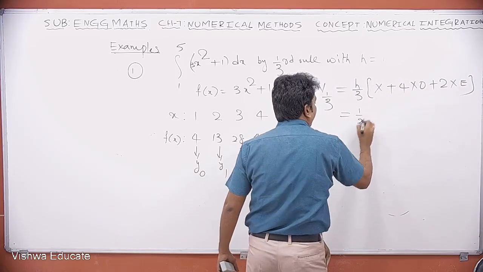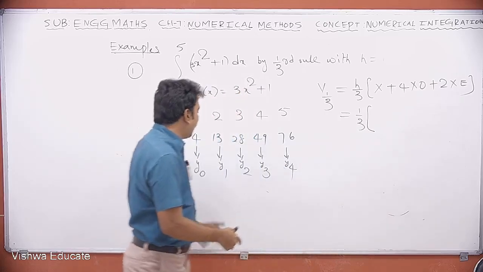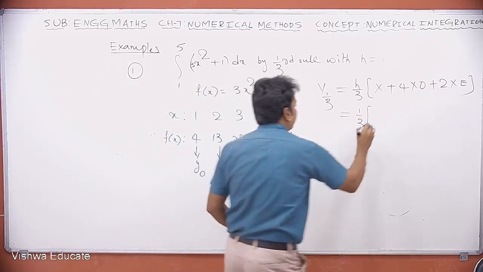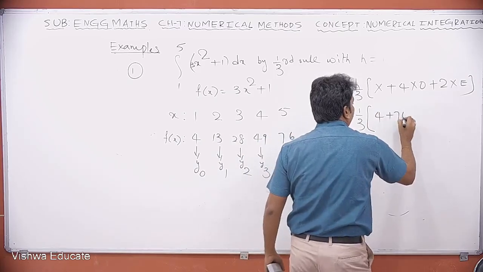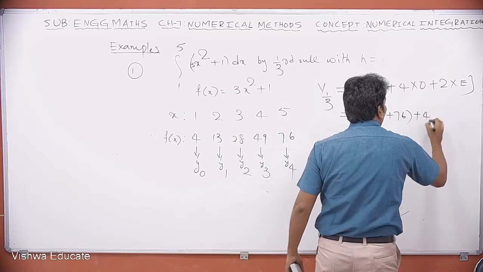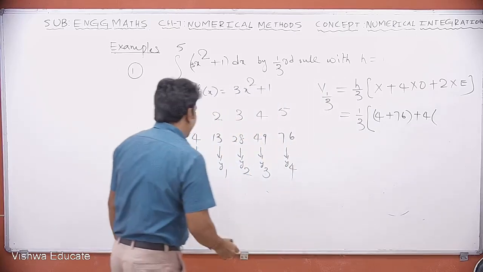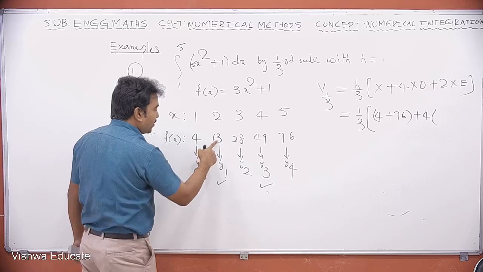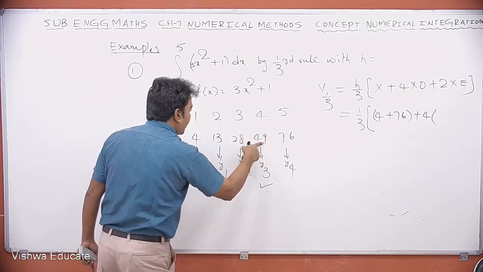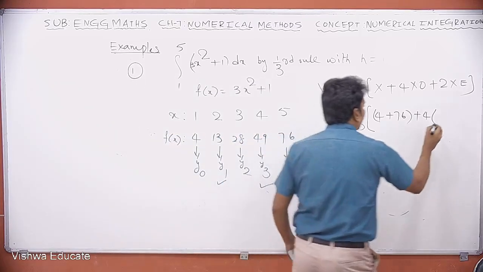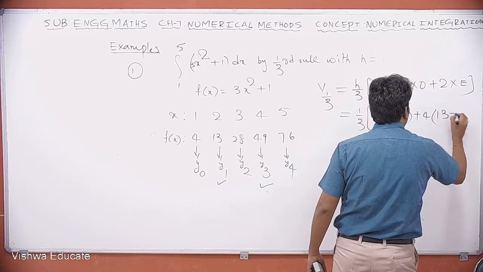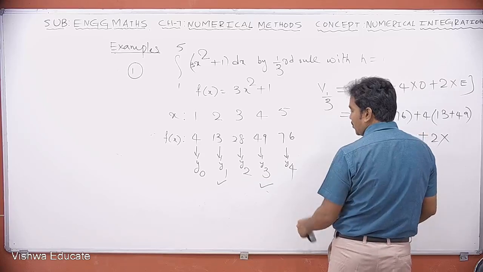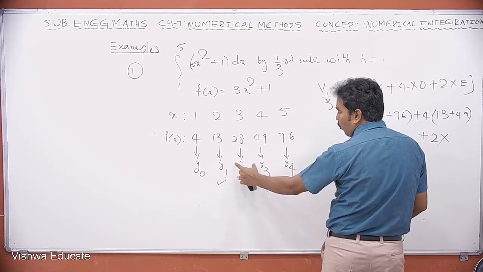So 1 by 3 into X, the sum of the first and last y values, 4 plus 76, plus 4 into the odd index values y1 and y3, that is 13 plus 49, which gives me 62, plus 2 into the even index. Since y4 is already covered, only y2 is left.